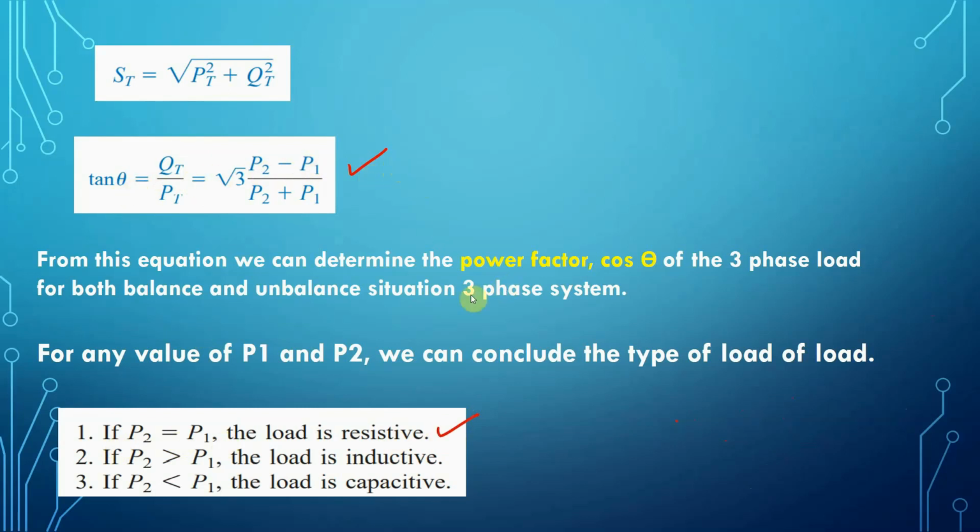Now, if P2 is greater than P1, we can know that we have an inductive load. Why? Because if Q is positive, we have an inductive load. If Q is negative, we have a capacitive load.